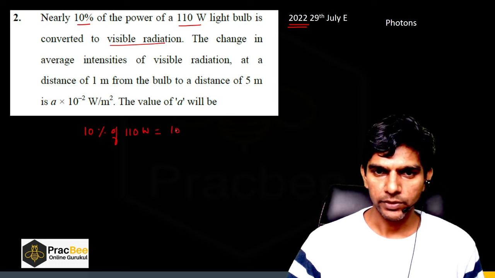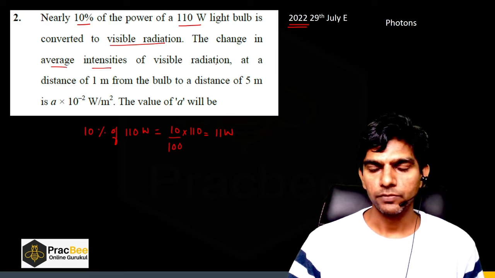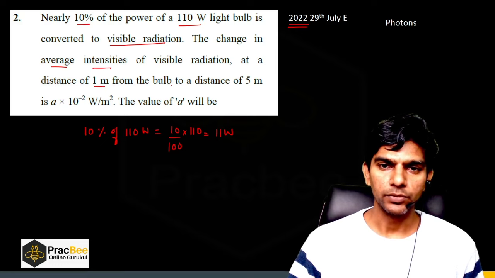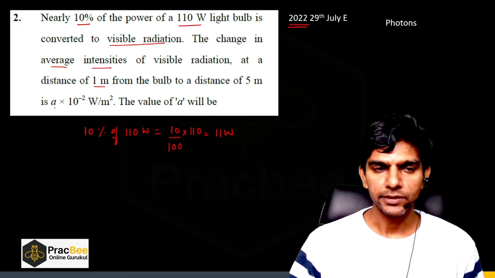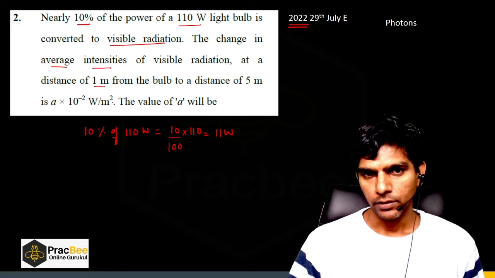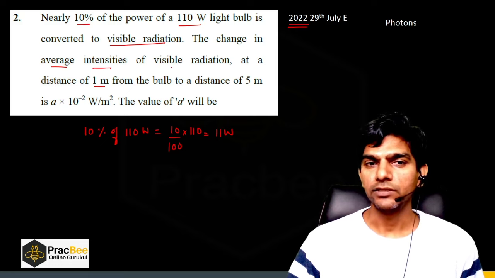So that will be 10 by 100 times 110. So this will be nothing but 11 watt. Now the change in the average intensity of the visible radiation at a distance of 1 meter from the bulb to a distance of 5 meter is A times 10 raised to power minus 2 watt per square meter. Find the value of A. So in this question, we have to find the change in intensity.